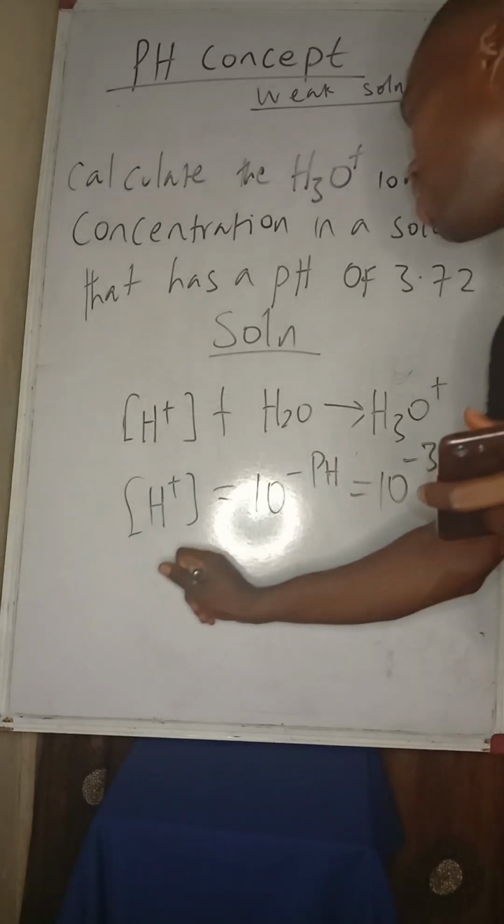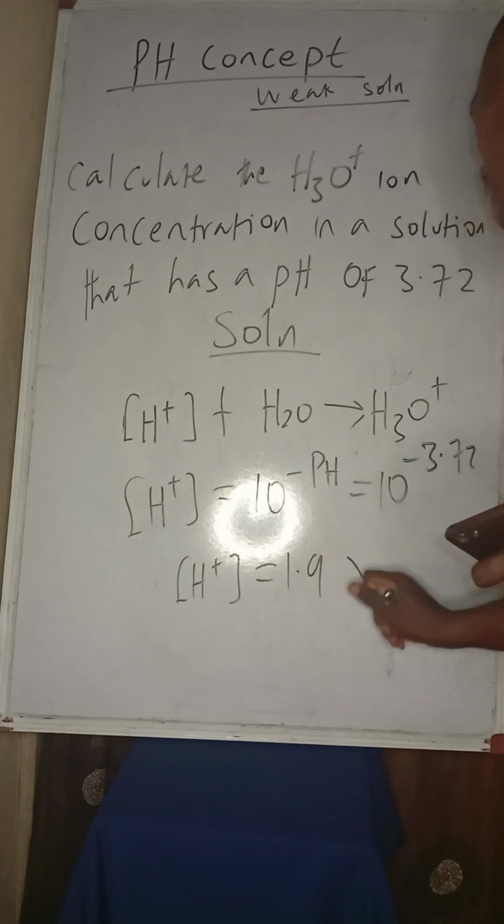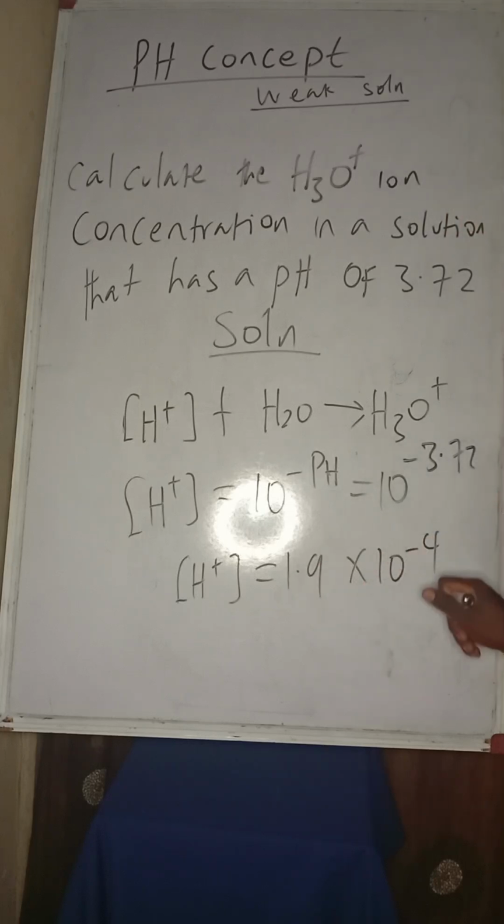So I should have a hydrogen ion concentration of 1.9 times 10 raised to the power minus 4 moles per dm cube, or molar. So that is how to solve this kind of question. This should not be your problem by any means.